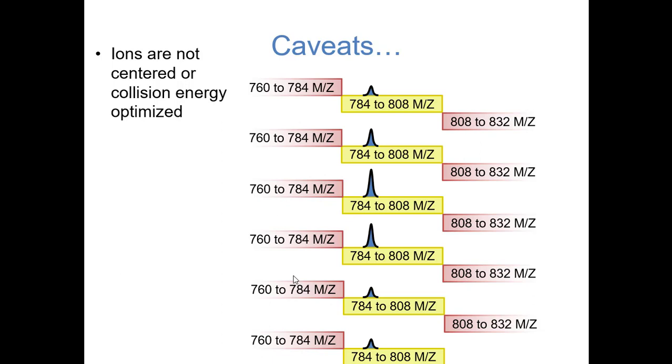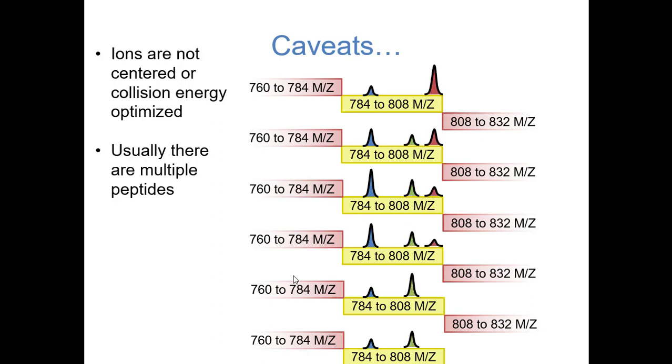Is it a +2 or a +3? Well, there's going to be +2 peptides in there, and there's going to be +3 peptides in that same precursor isolation window. And so not only are we tuning the collision energy based on the center of the window, but we're also saying, I'm assuming all peptides are charge 2. And so your charge 3 peptides, your charge 4 peptides are going to have very different collision energy tunings associated with them.